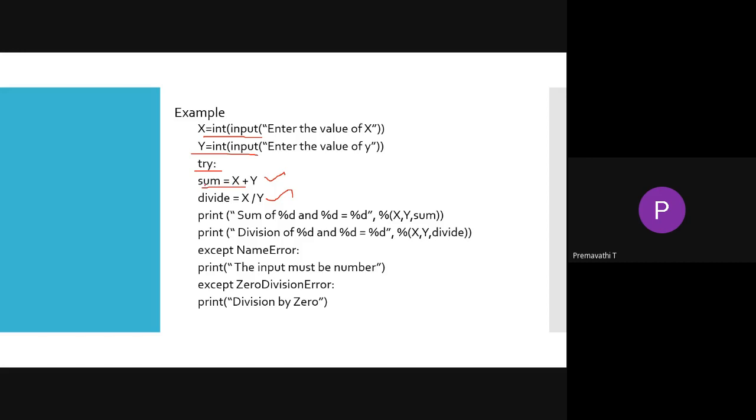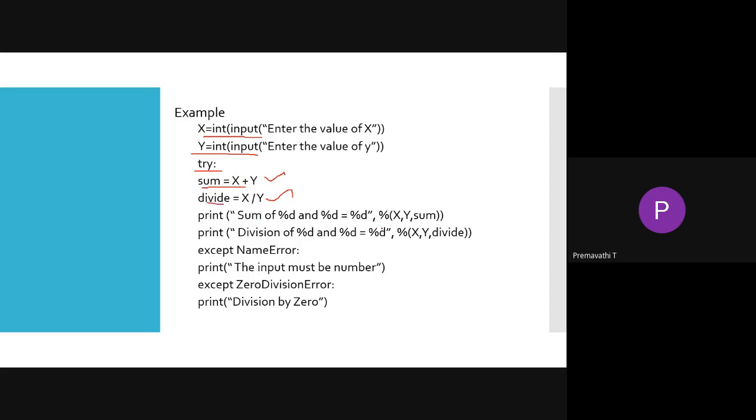First we give sum equal to x plus y. When you get the input for x and y, it will be added and stored in sum. In the same way, x and y will be divided and stored in a variable.